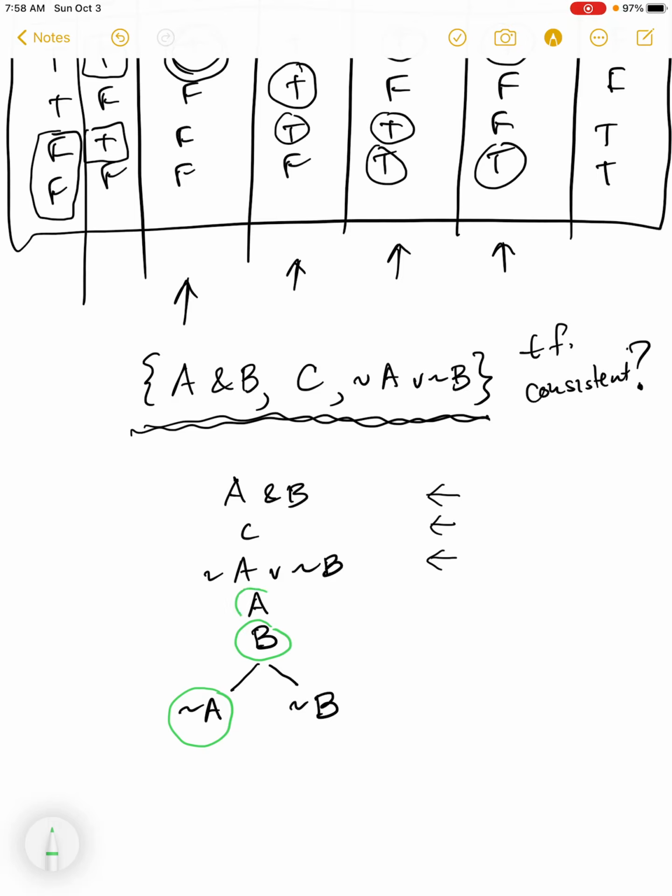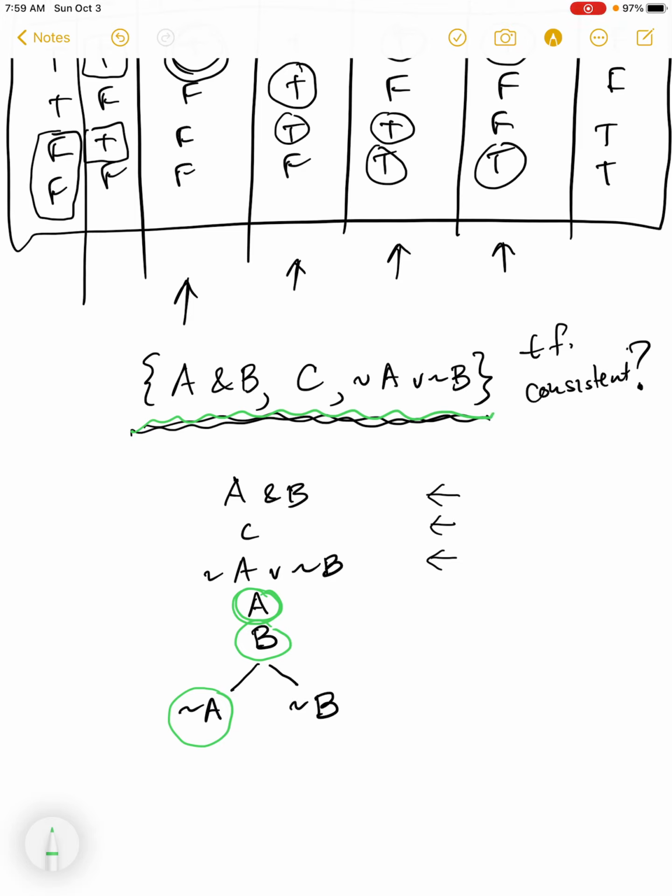But it would have to make A true too, which couldn't possibly be. We couldn't possibly have a truth value assignment that made both A and its negation true. And so what this branch on the left represents is an attempt to find a truth value assignment that makes our original set members true.